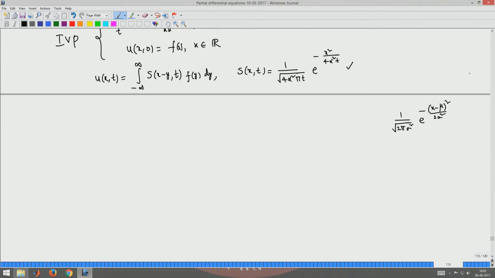If you know this distribution, this is the curve for the normal distribution. Let us call this some g. This is the normal distribution curve.